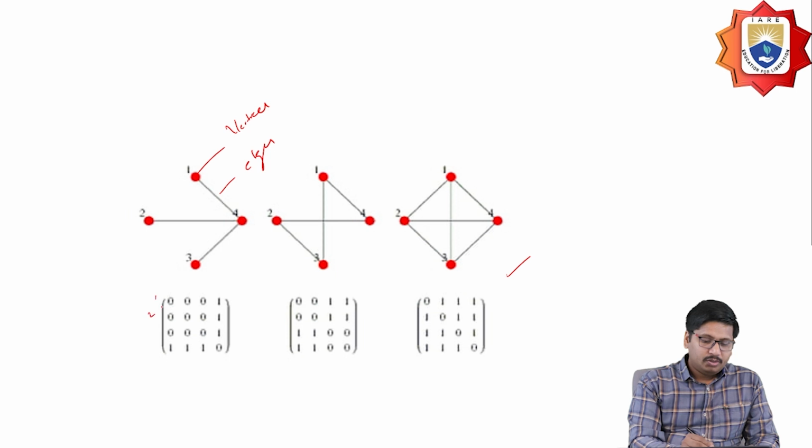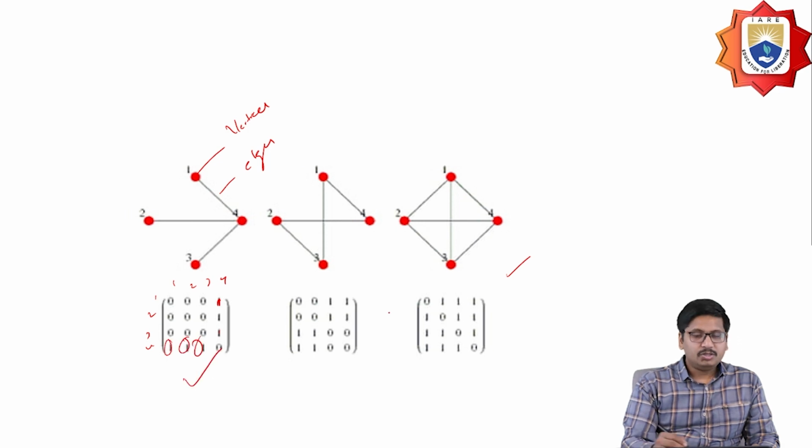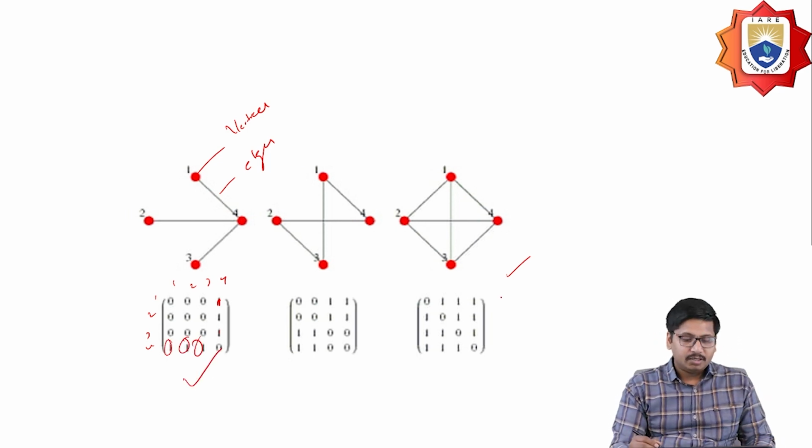So remember 1, 2, 3, 4 and 1, 2, 3, 4. I have an edge from 1 to 4, that's why it should be 1. And similarly I have an edge from 2 to 4, that should be 1. And 3 to 4 should also be 1. And from 1 to 3 as well. And this should be the corresponding adjacency matrix of the given graph.